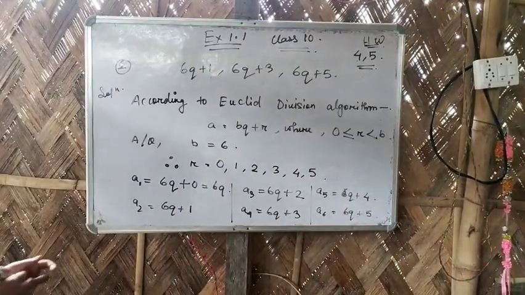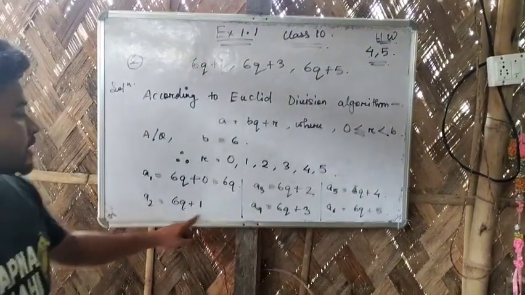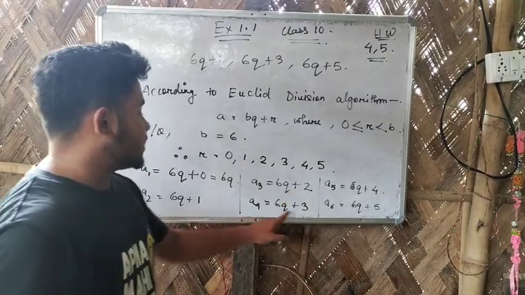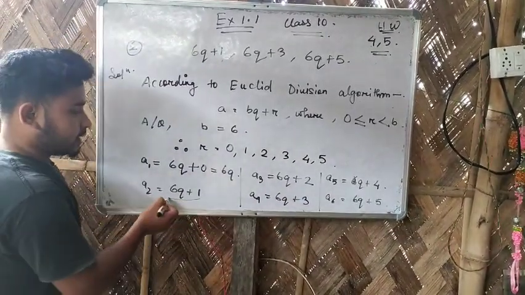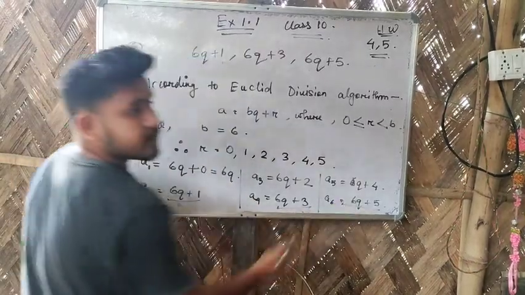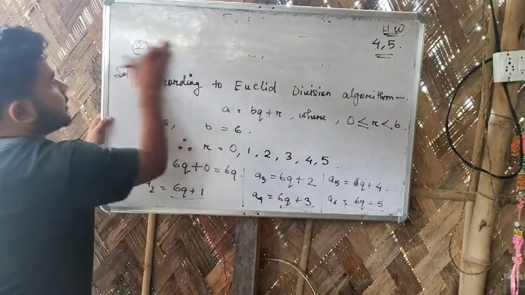Now if you see, out of all those, A1 is 6q, A2 is 6q + 1, A3 is 6q + 2, and so on. Out of all these, the odd numbers are this, this and this.